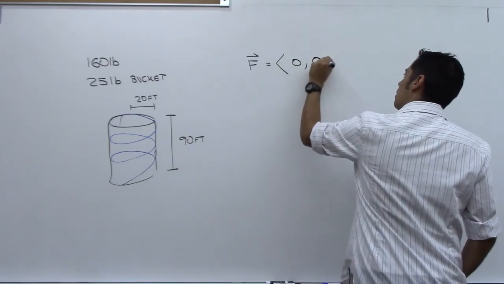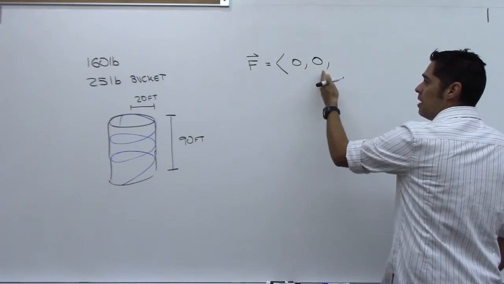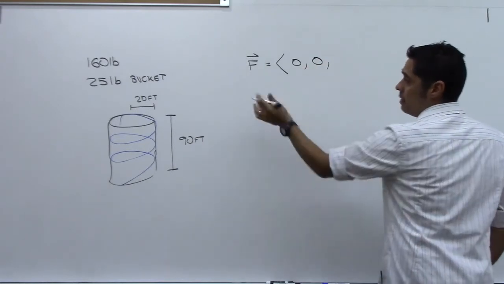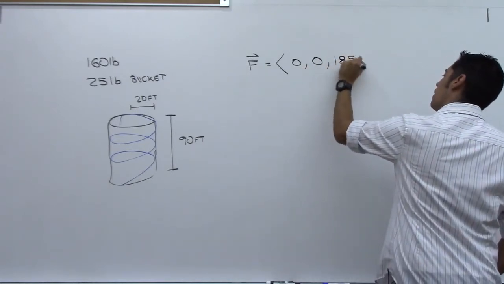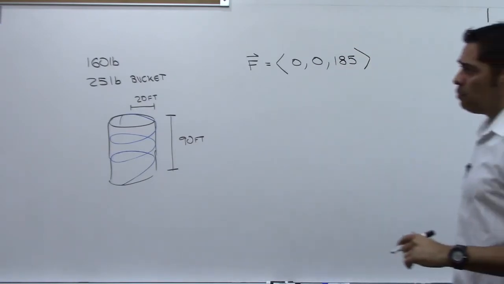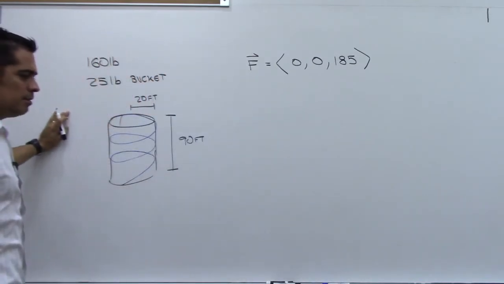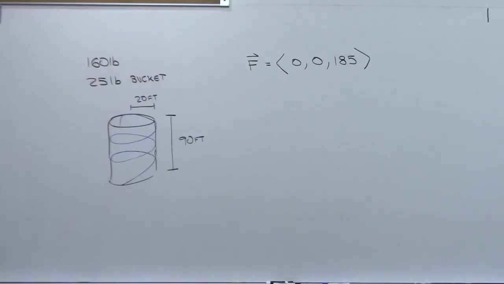So a vector that goes straight up is going to have 0 for the x and y components, and then the force up would be 185. Okay, like that. Remember, pounds is a measurement of force, right? Pounds is a measurement of your mass times the acceleration of gravity. In other words, weight is a force.